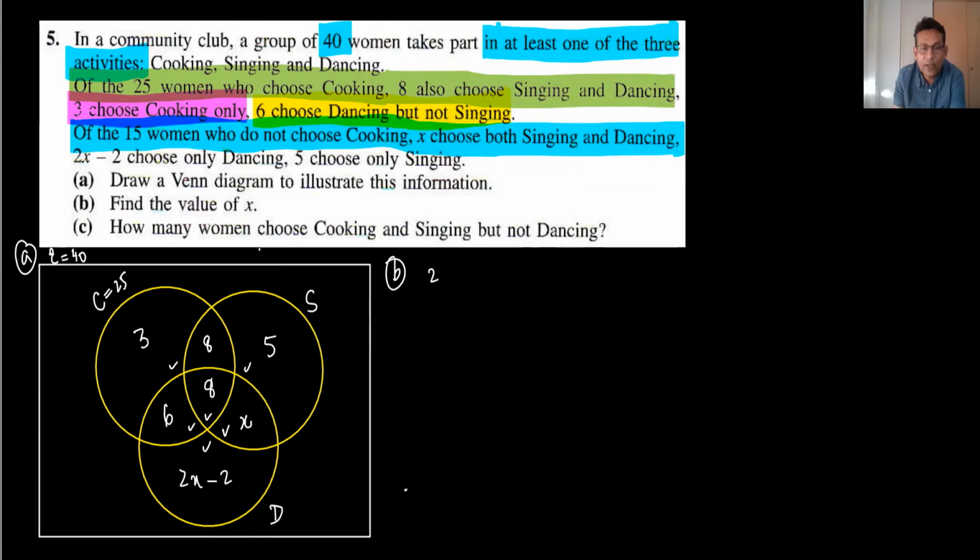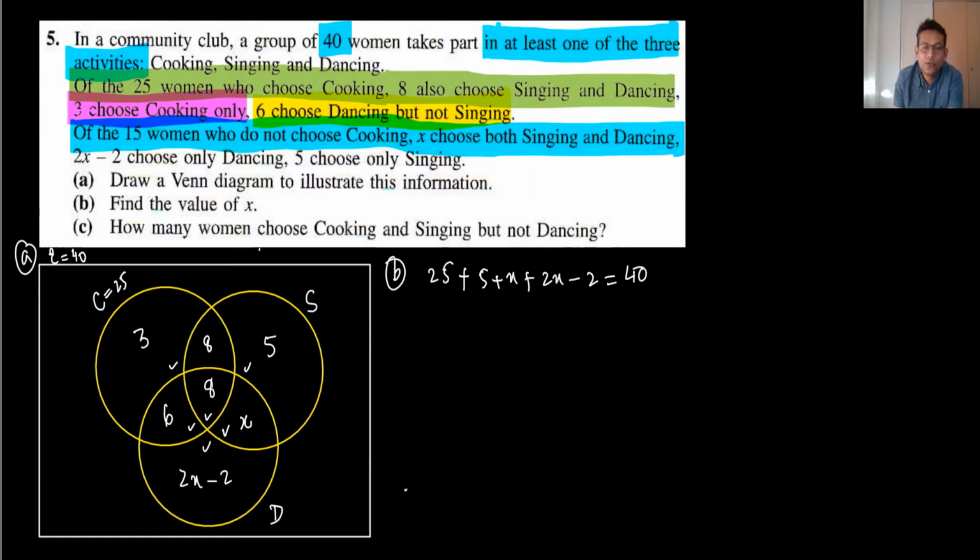So 25 is the total here, 25 plus 5 and x plus 2x minus 2, equals the total, which is 40.